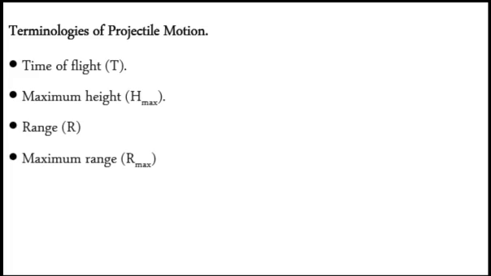Maximum range is obtained when theta is 45 degrees, so you should understand that. Any other range obtained above or below 45 degrees is just termed as range, but the range obtained at 45 degrees is termed as maximum range.